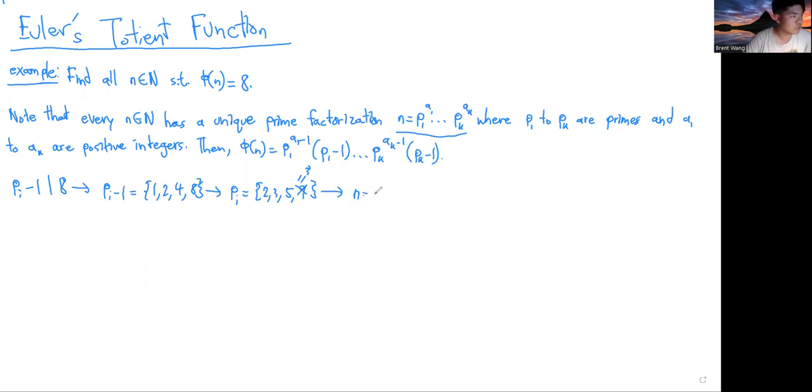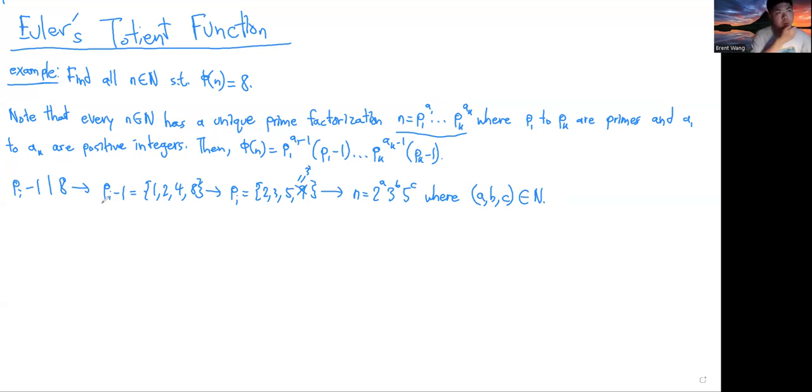Therefore, n is equal to 2 to the a times 3 to the b times 5 to the c, where a, b, and c are all natural numbers.